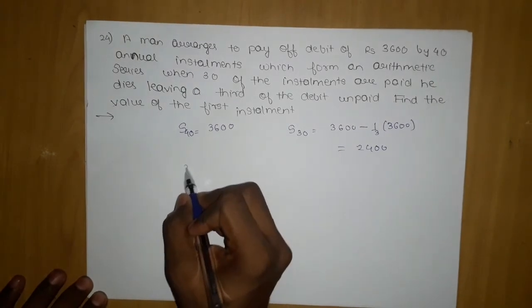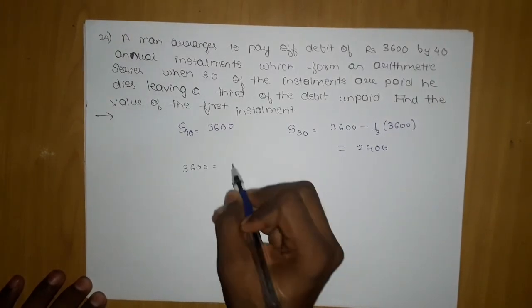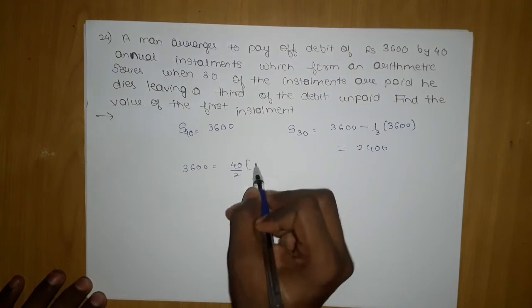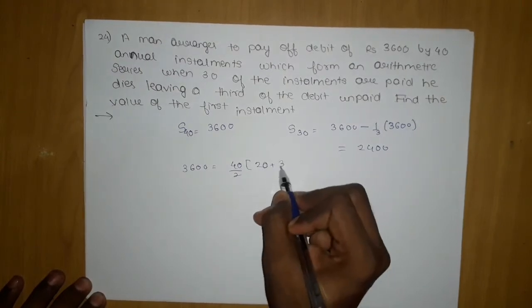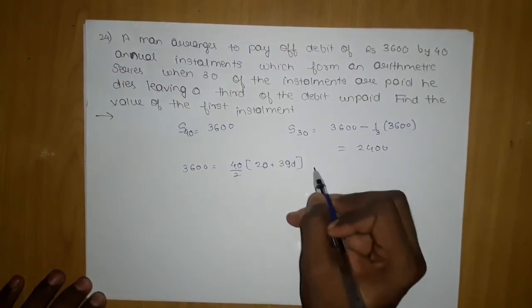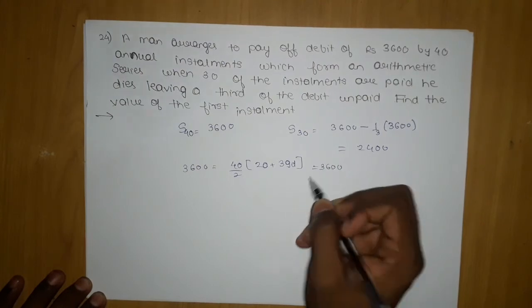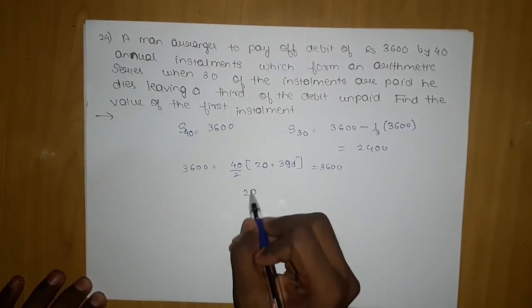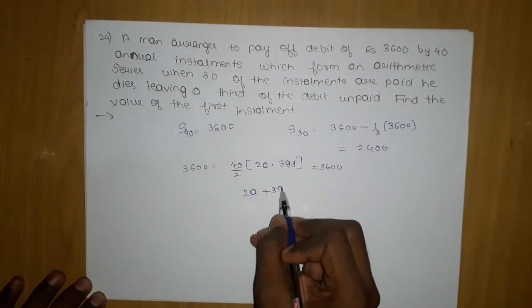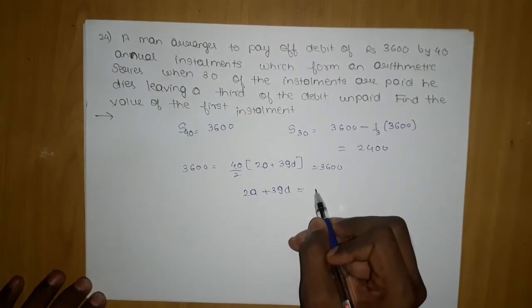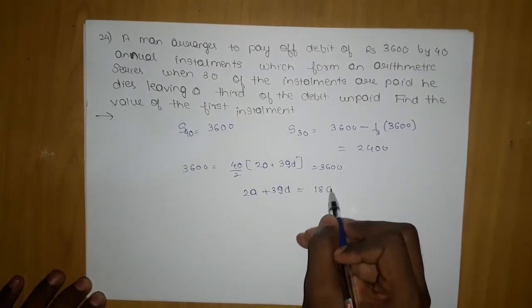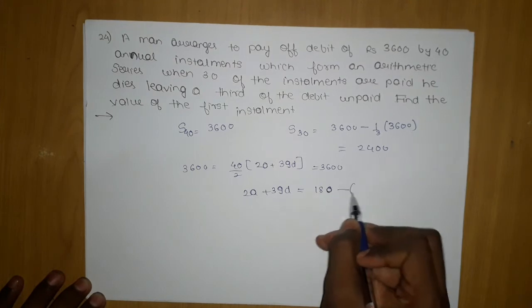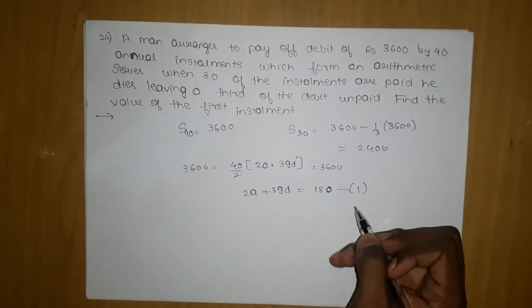So S40 is nothing but 3600 equals 40 by 2 bracket (2a plus 39d), giving us finally 2a plus 39d equals 180. Sorry, 180. This I will call equation 1.